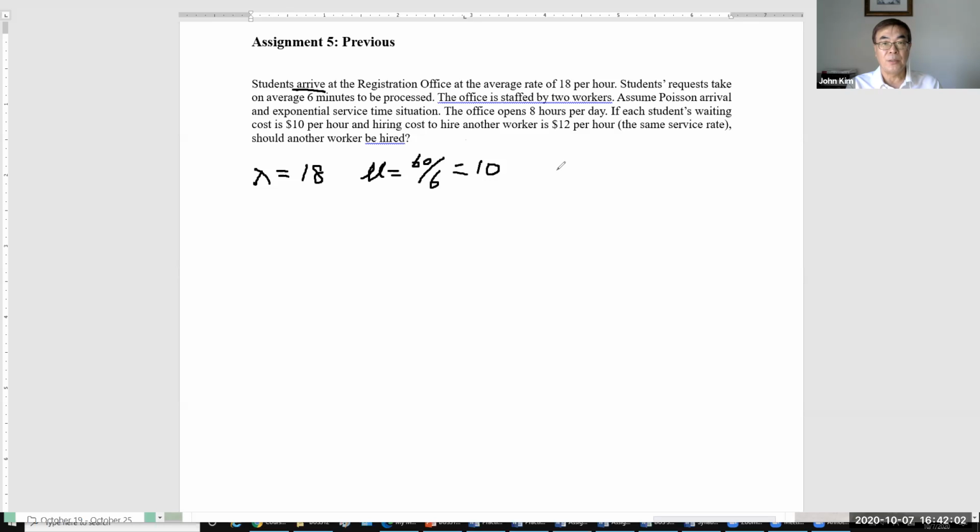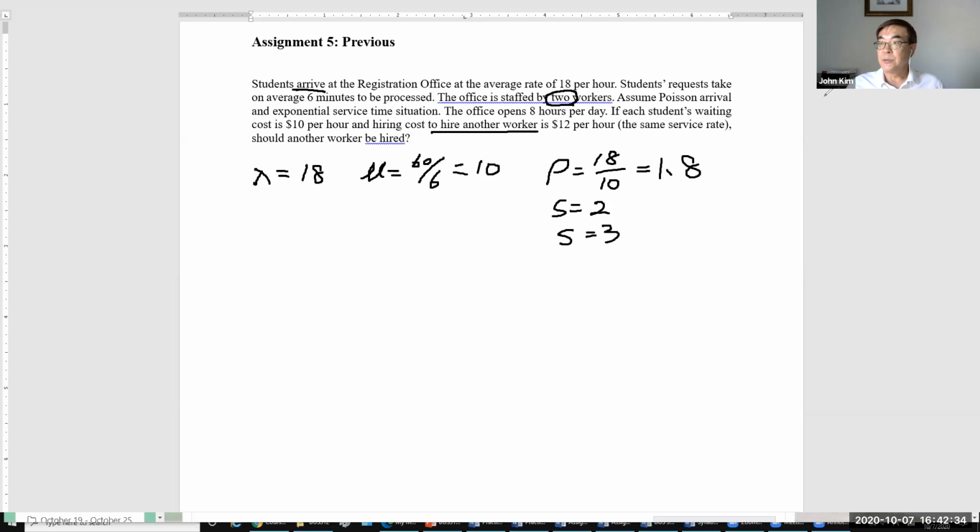Then you need rho, the utilization rate, that is 18 divided by 10 equals 1.8. Now 2 workers work, so S equals 2. And if we hire one more worker, then S equals 3.